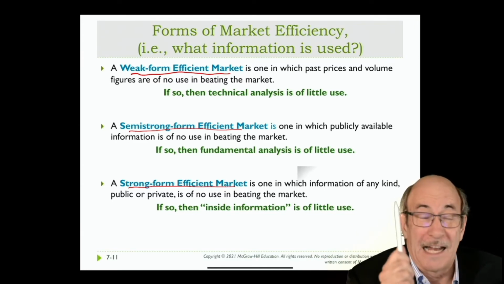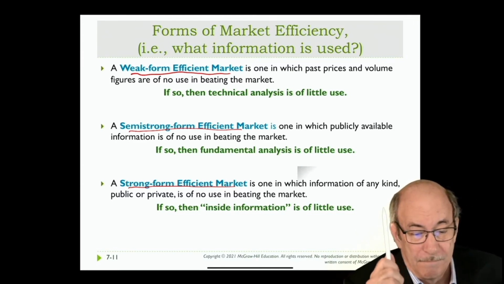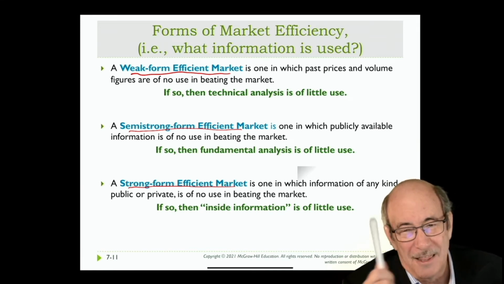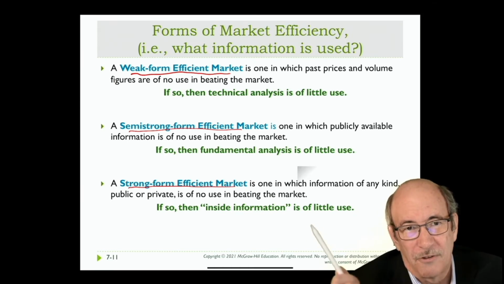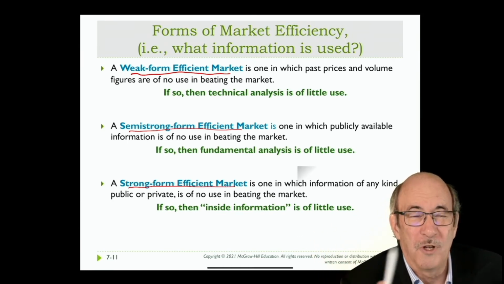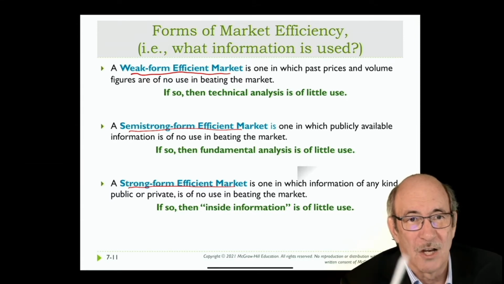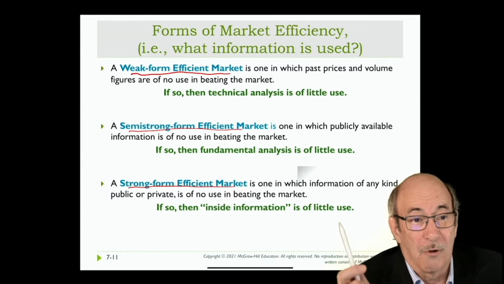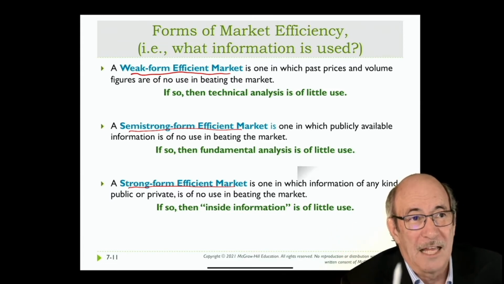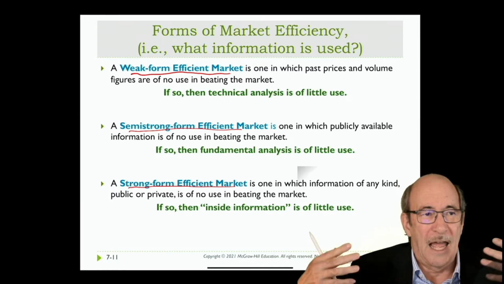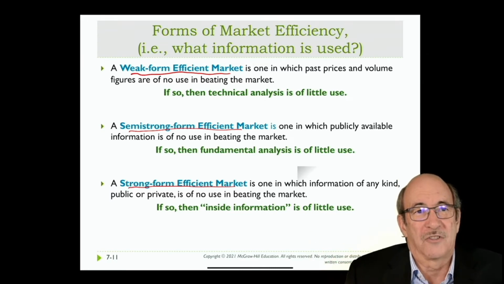Now, if I find that I can beat the market, then the answer is the market is not even weak form efficient. And that's really bad for all of us, because we want a market that everybody reasonably can expect is fairly valued. If it's not even weak form efficient, we've got a real problem, and finance is not doing its job to help allocate the assets to their highest and best use.